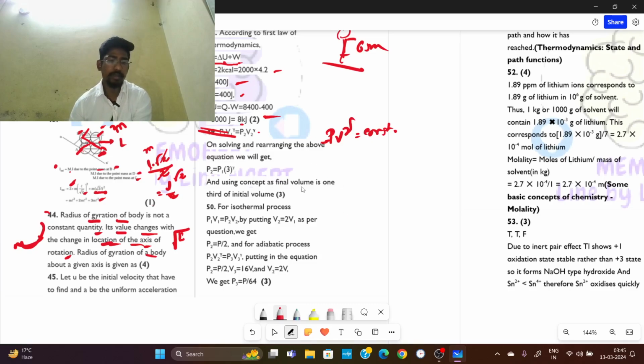On solving the equation, you will get P2 equals P1 times 3 to the power gamma, as the final volume is one third of the initial volume.